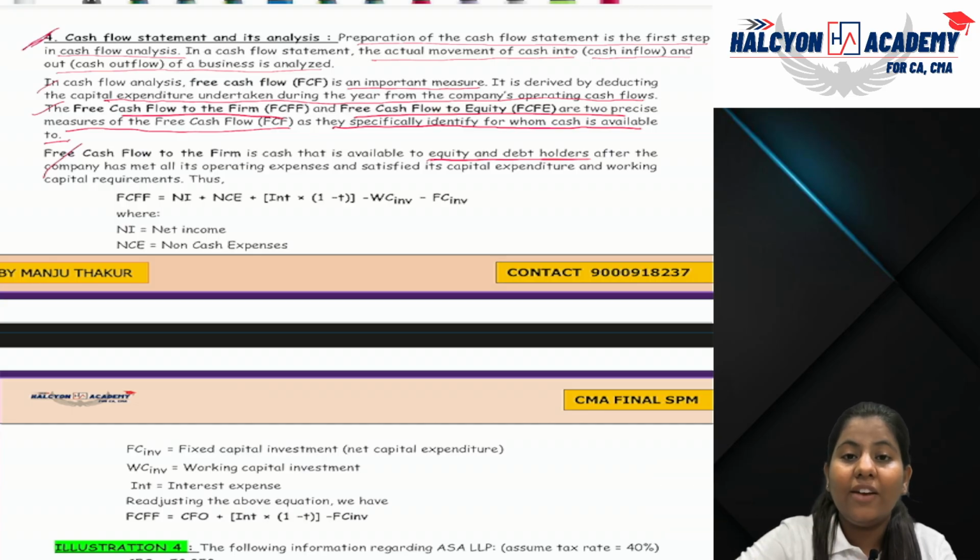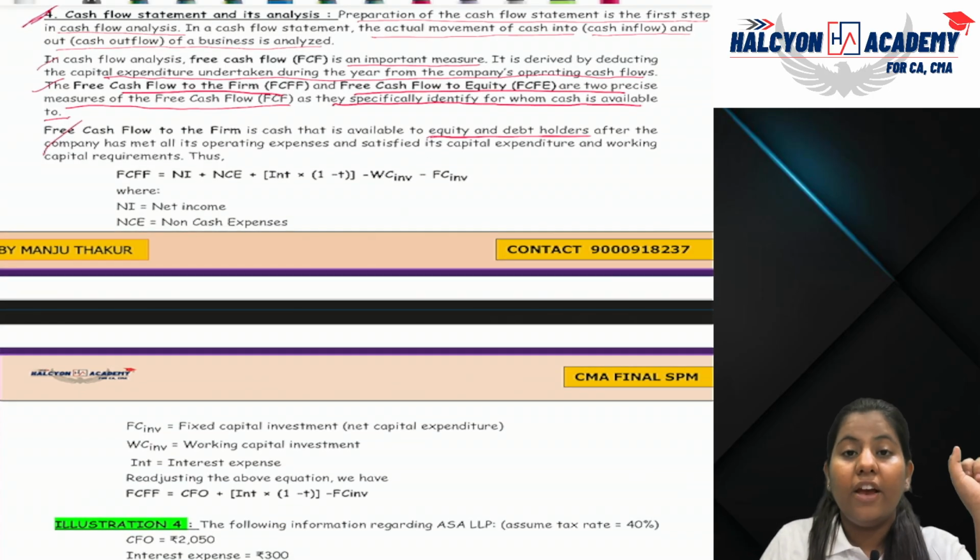Now it is freely available. We don't have to give it to anyone. We don't have to do any expenditure now.